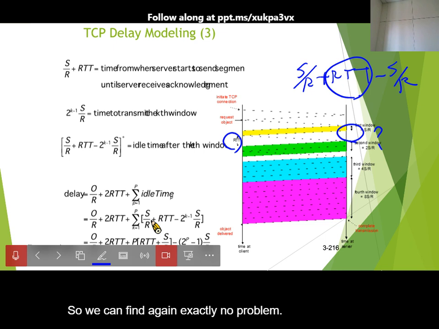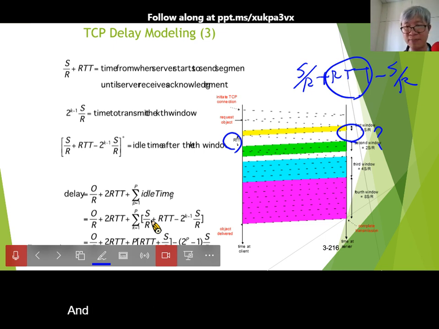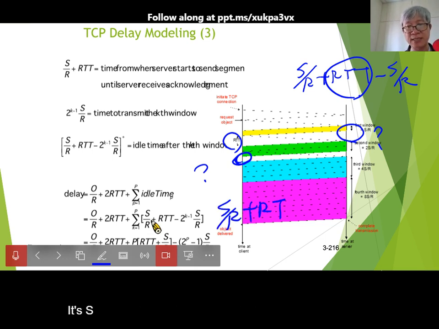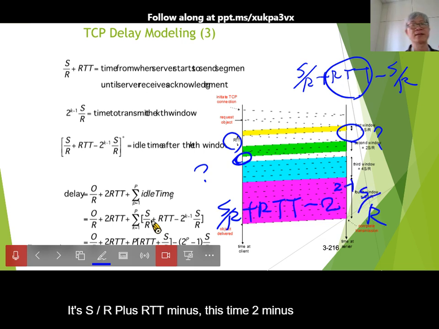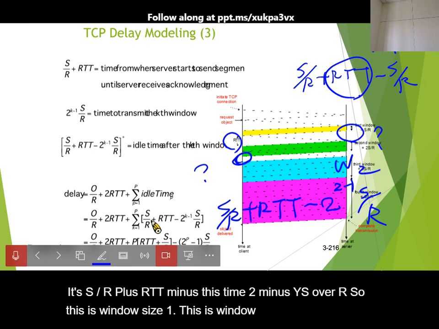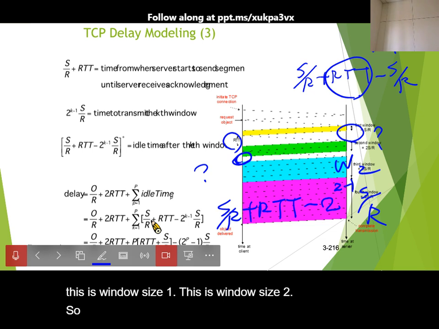And you can consider the second one. What is the gap? It's S over R plus RTT minus, this time 2 minus 1, S over R. So this is window size 1, this is window size 2. So the gap here should be RTT minus 1 transmission delay.